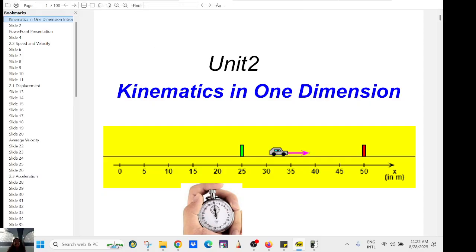So kinematics in one dimension, which is quite easy. In those cases, we're going to define the number line. You are all familiar with the number line. But now that number line will have direction. So if it's moving in this direction, which is a positive x, then the displacement will be positive or the velocity will be positive.